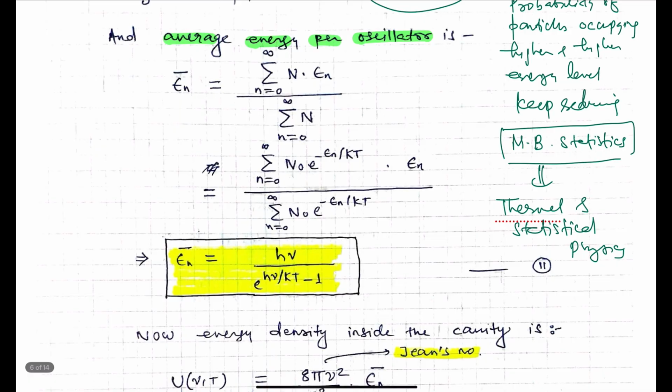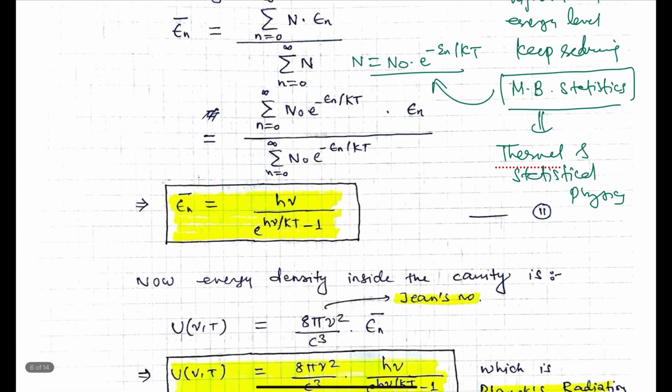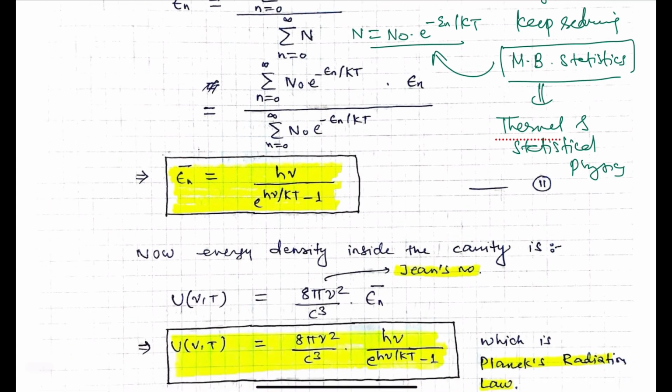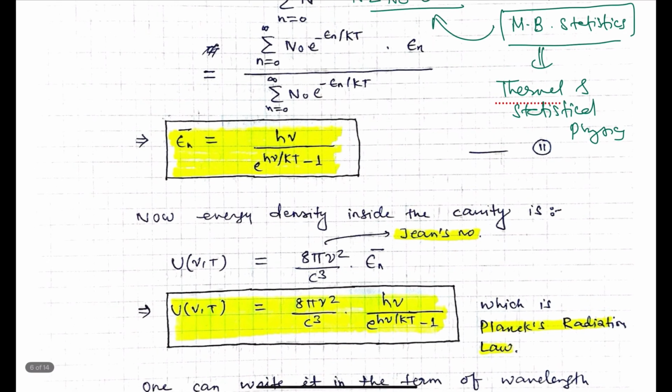So when you try to solve it, you substitute n equals n naught exponential minus En upon kT, which you derived from the Maxwell-Boltzmann statistics. So when you got it, you simply cancel all the terms and you finally write that the energy is equal to h nu divided by exponential h nu upon kT minus 1. Because you know that energy is quantized, so it is E equals h nu, and this is where you got the h nu term, the term of the quantization.